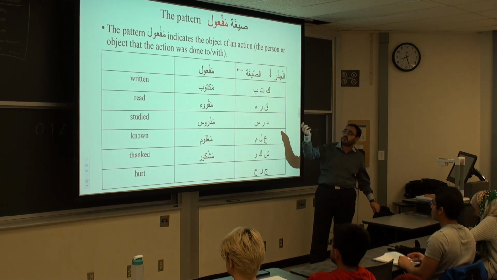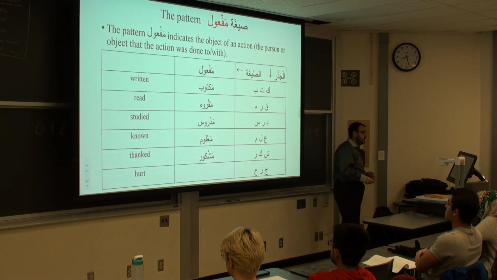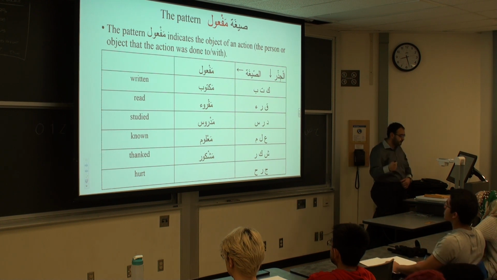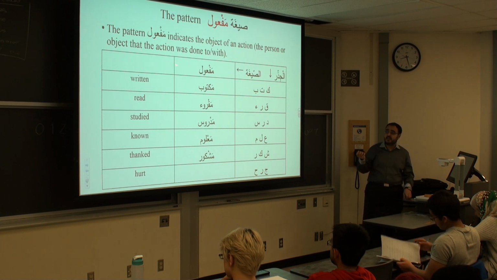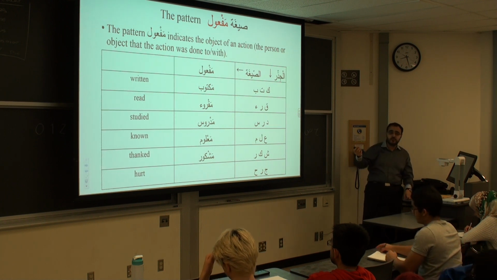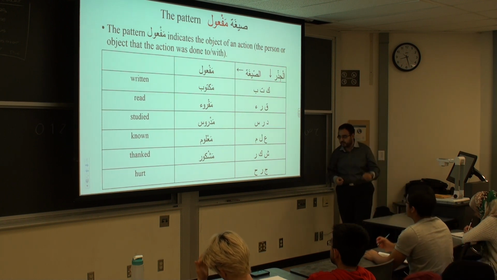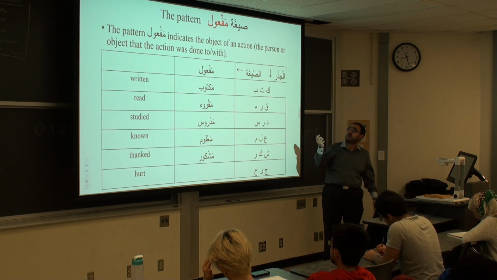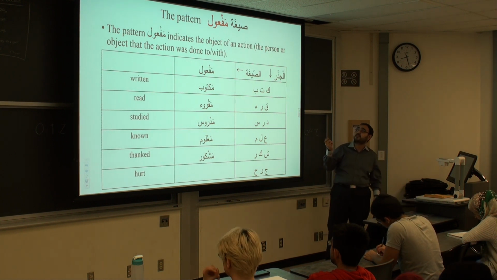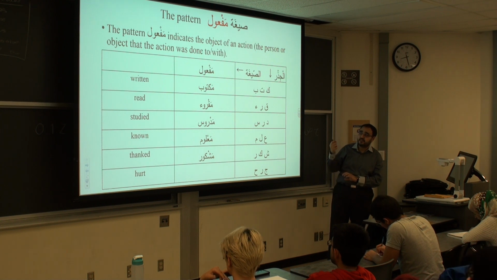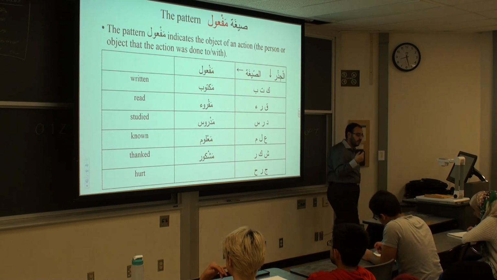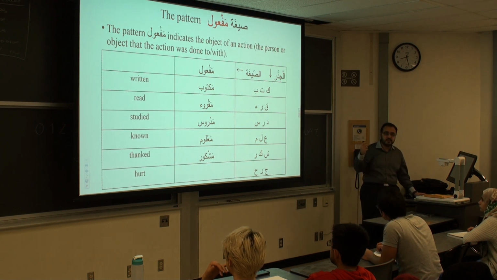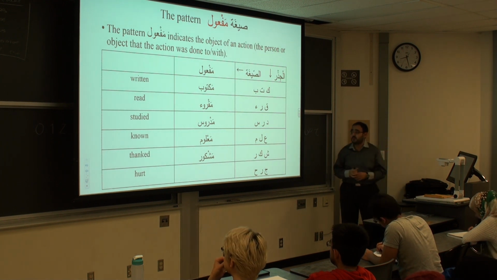The maf'ul pattern will also indicate the object of the action, i.e. the person or the object that the action was done to or done with. So the pattern or the sigha of maf'ul indicates the one or the thing that the action was done to or done with.